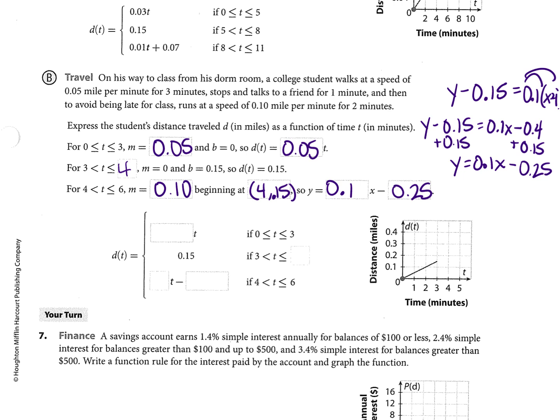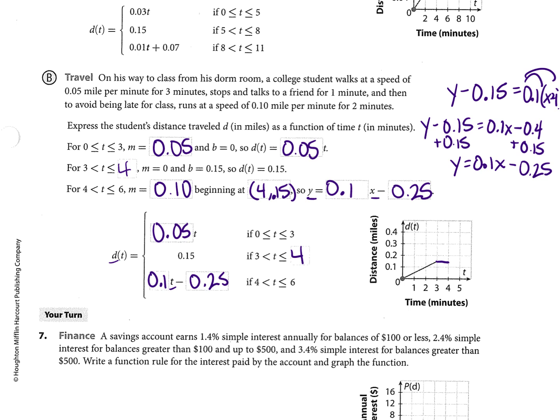And now we're going to write those 3 rules into the piecewise function. Oh, yes, I was supposed to use t's instead of x's, but they switched them in there. They used a y and an x there, but then they used a t and a d for distance in this section. So you can see that they've started out with the 0.05 for the first 3 minutes. Then he stays at 0.15 until time 4.